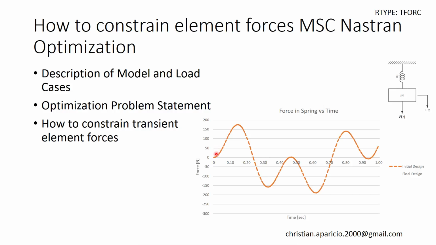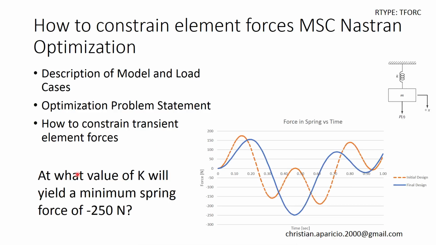Here in this graph, I have the original force plot over time for the force in the spring. You can see that we have a minimum spring force of about negative 200 newtons. So that would be in compression.